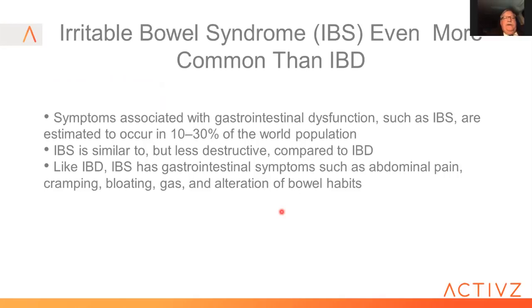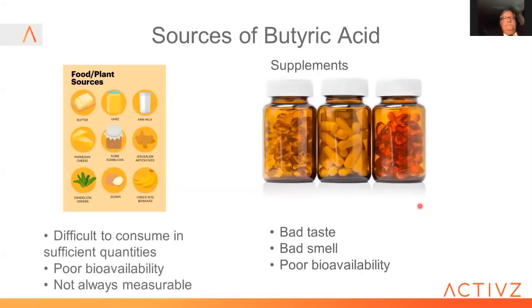Like IBD, irritable bowel syndrome has gastrointestinal symptoms such as abdominal pain, cramping, bloating, gas, and other alterations in our bowel habits. The difference between the two is that IBD is the more invasive version, where you have actual damage to cell structure within the gut, while irritable bowel syndrome, though the symptoms may be similar, is more of an inflammation-induced pathology. Let's go to the next slide.